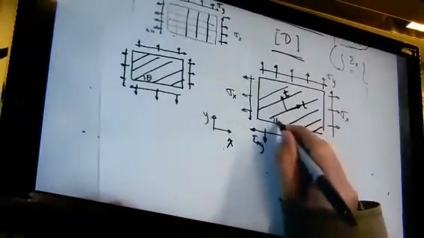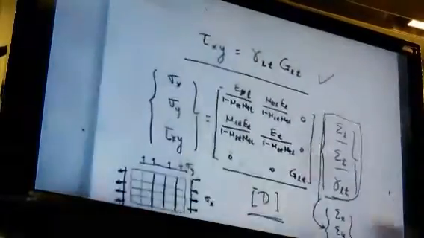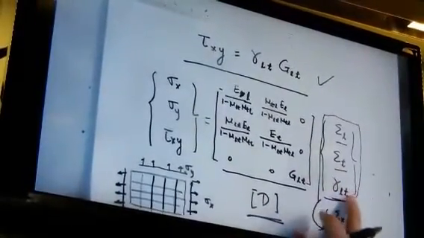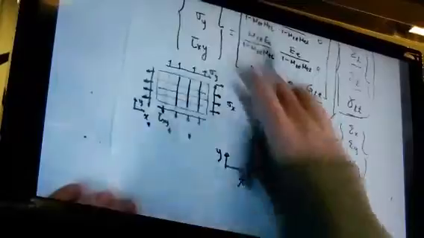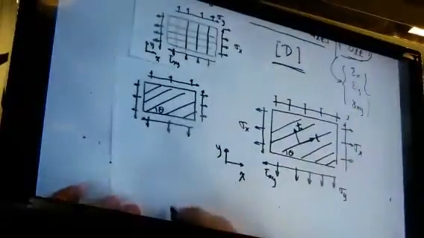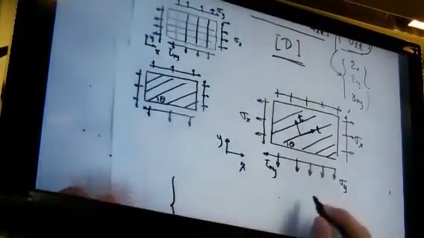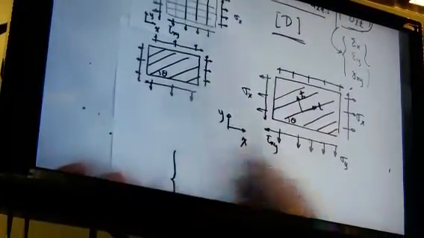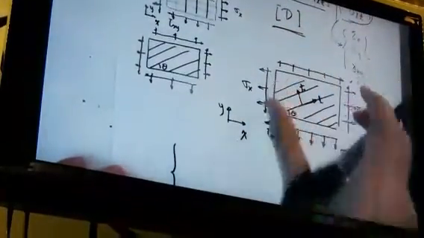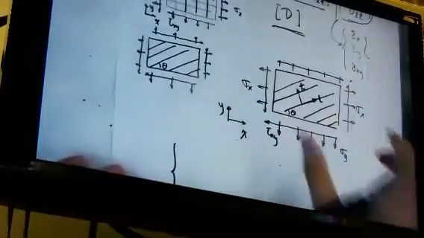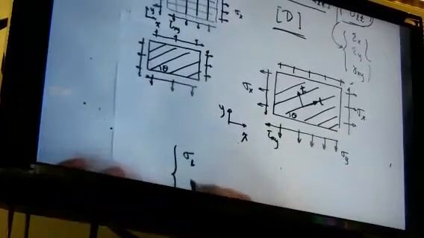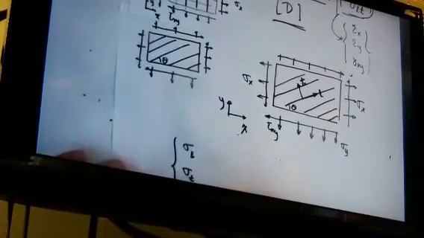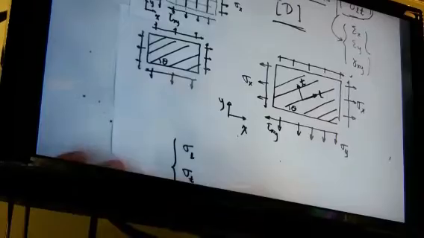In that local coordinate, this equation holds, right? But we need to rewrite this equation. That equation is for specially orthotropic composites because the filament is along the sigma x and sigma y direction. And we can rewrite this one as sigma L, sigma T, tau LT.